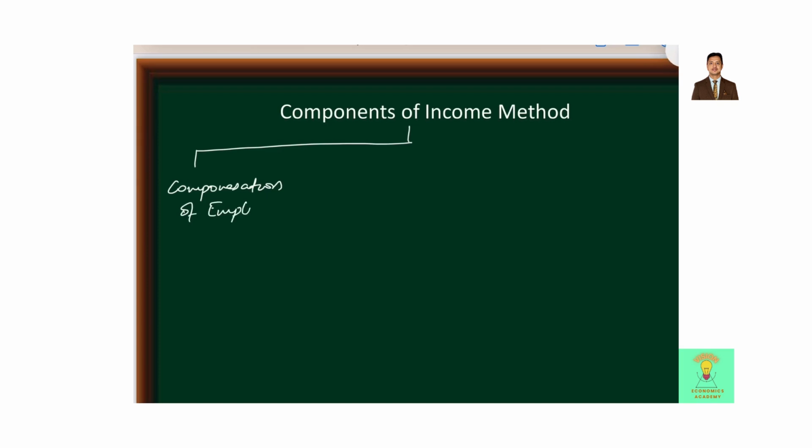Now this is an important part of the chapter where I will discuss the components in a nutshell and make this chart over here, which would help you during solving the numericals. Compensation of employees, which includes wages and salaries in cash, wages and salaries in kind, and employers' contribution to social security scheme. Okay.